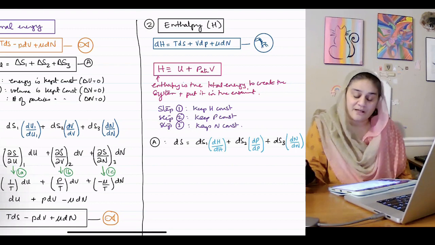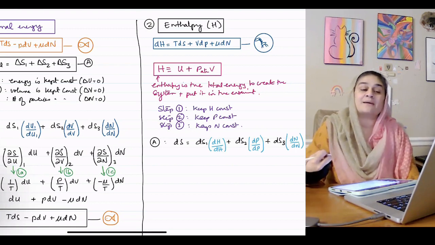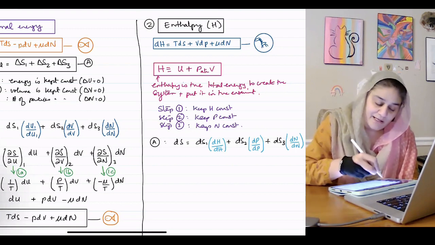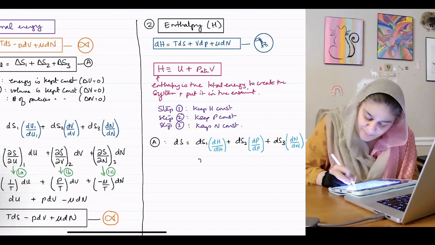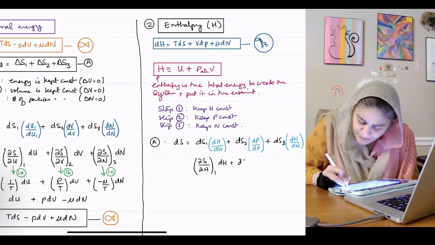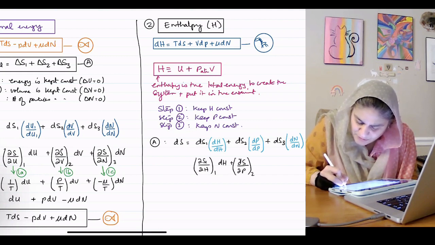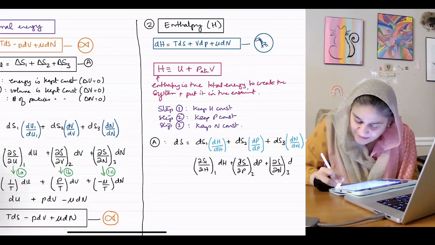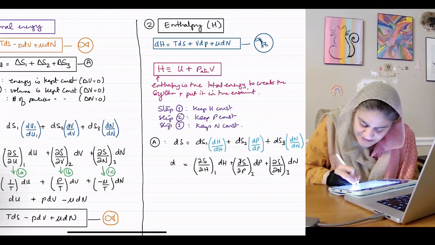And because these are during steps 1, 2, and 3, I can rewrite this as partial S over partial H during step 1 dH plus partial S over partial P during step 2 dP plus partial S over partial N during step 3 dN, which will be the same as dS.